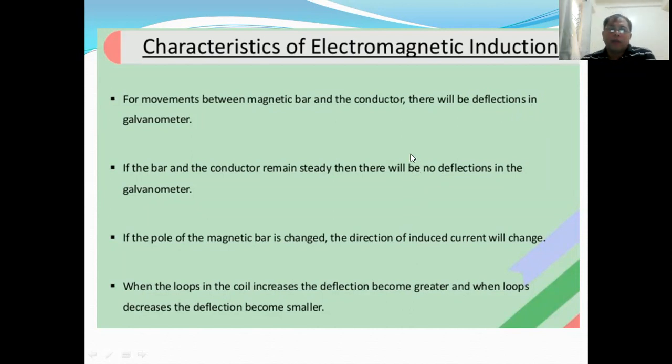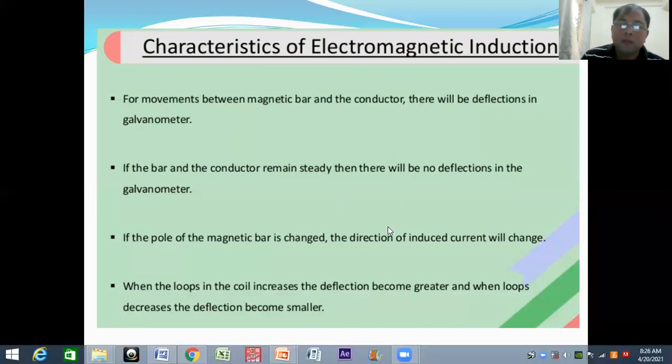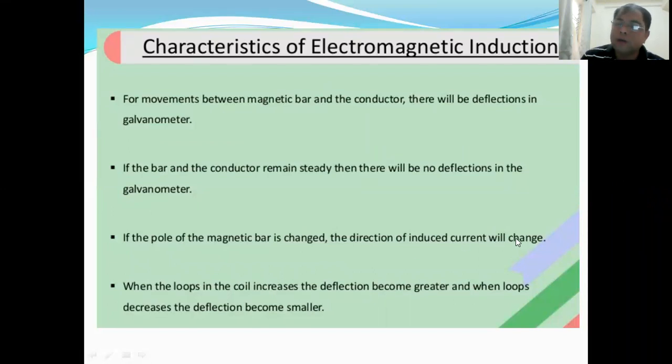Now, if the bar magnet and the conductor remain steady, so if you keep the magnet just within the coil, nothing happens in the coil of wire. If the pole of the bar magnet is changed, from north to south, then the direction of the induced current changes also. So it becomes positive and negative as we keep changing the pole. But if you keep the magnet inside steady, then nothing happens.